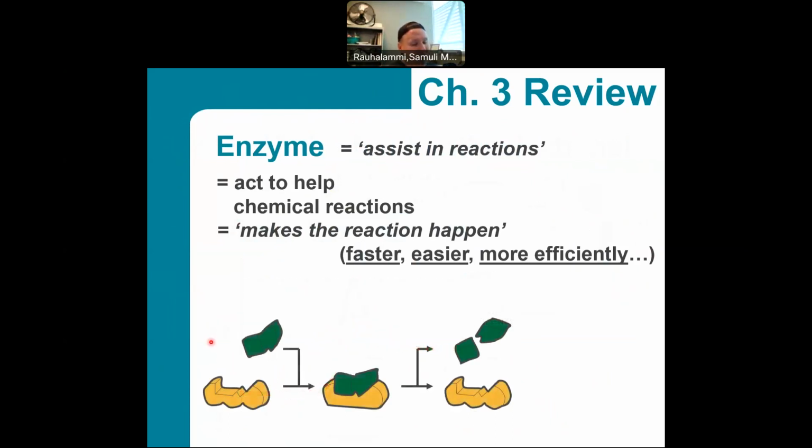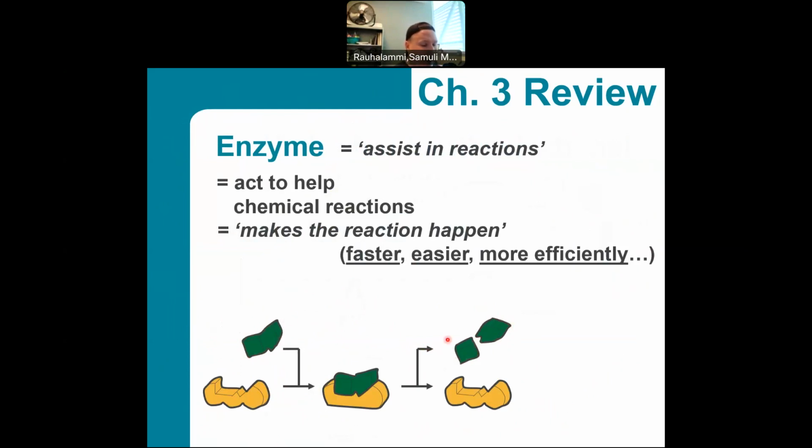And one way I describe enzymes to my students is shown here on the bottom of this diagram. Here we're seeing a chemical reaction with this green block, and this chemical reaction would be that this green block gets broken into two pieces. This would happen anyways over time. So we have a larger green block, and over time it will break into two sub-pieces.